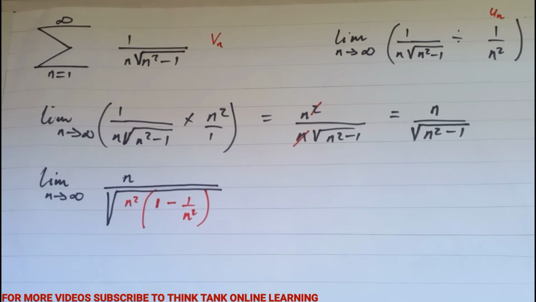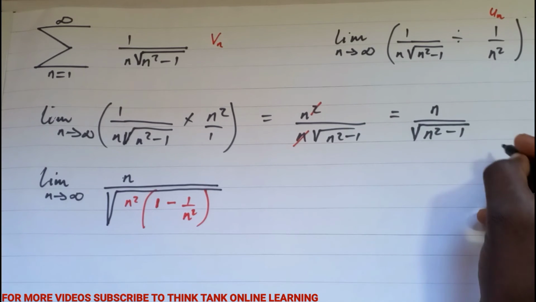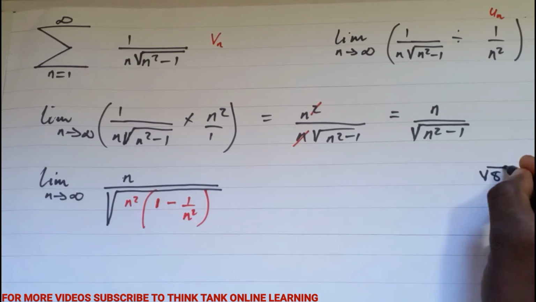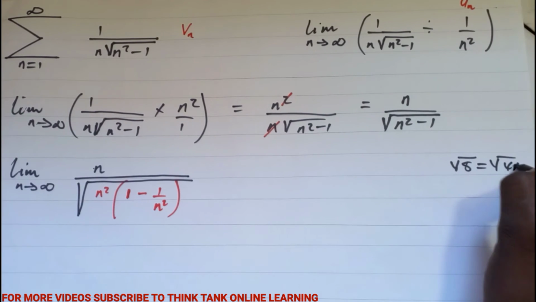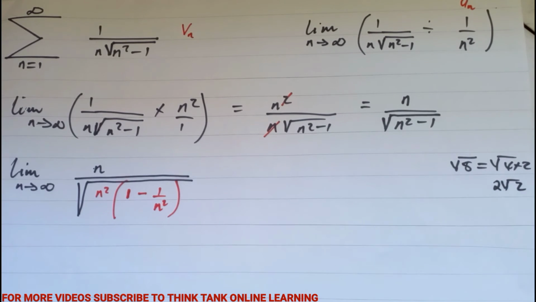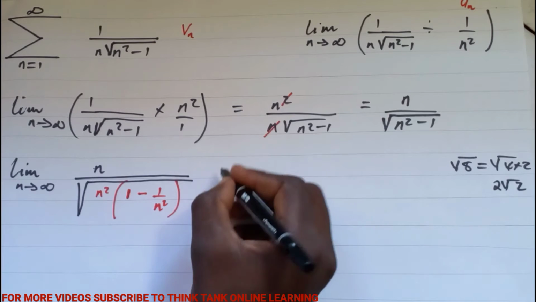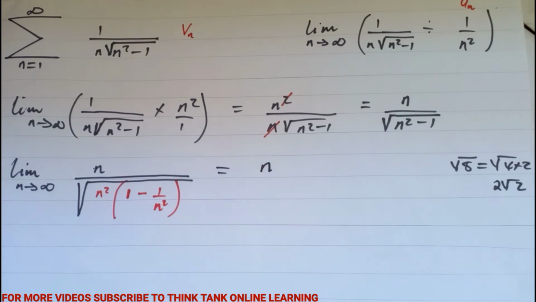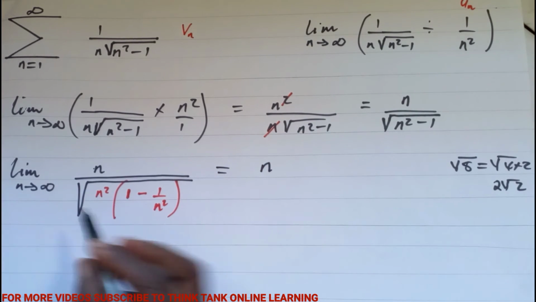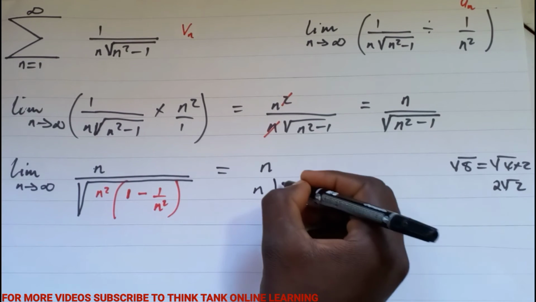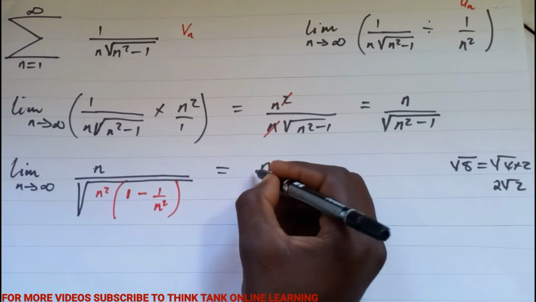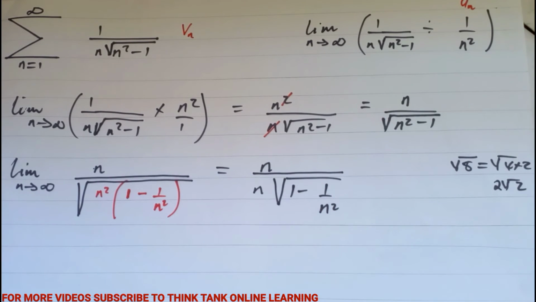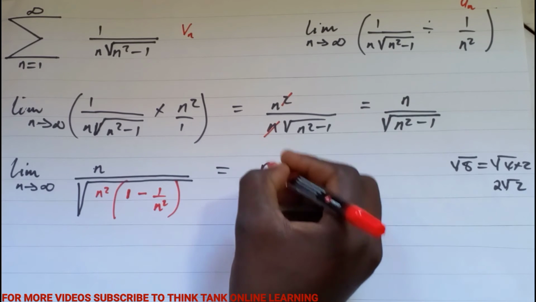So if we have, let's say, 8 root 8, and we know that root 8 is equal to root of 4 times 2, the square root of 4 is 2, so that's why I get 2 root 2. We're going to apply the same concept here. We still have n on the numerator, the square root of n squared, you know that it's n, and now we have 1 minus 1 over n squared. So we have succeeded to eliminate n on the numerator.